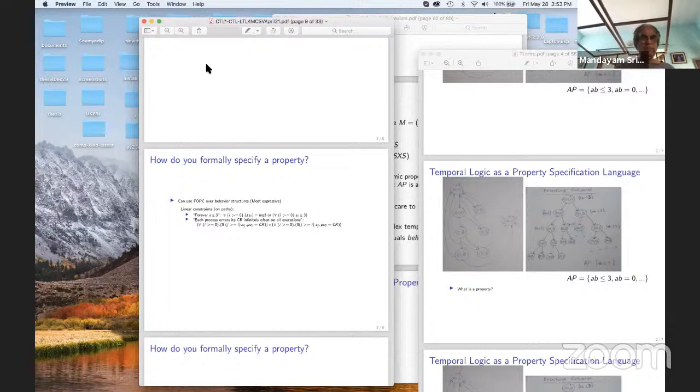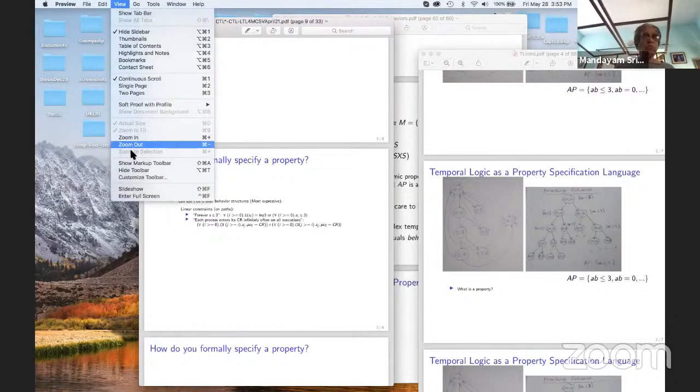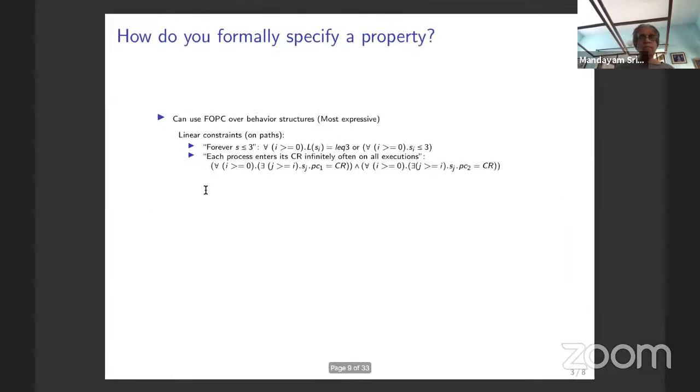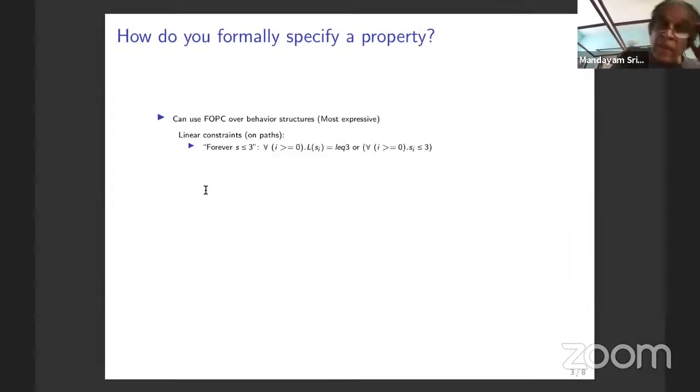So you could specify that for every execution path originating from any of the initial states, the value of the counter is less than or equal to 3 forever, as a constraint on the kind of acceptable paths. So you should read this as a constraint.